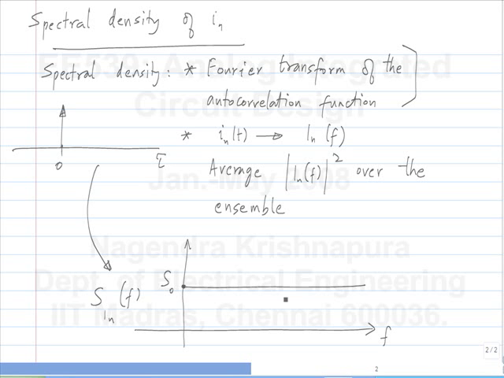So, what the spectral density says is that if you pass this process through an ideal filter of bandwidth BW, the resulting output will have a mean square value of S0 times BW.